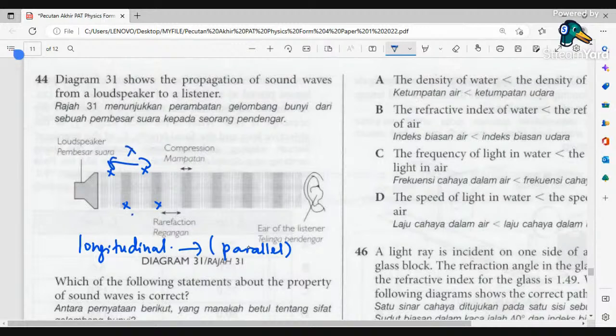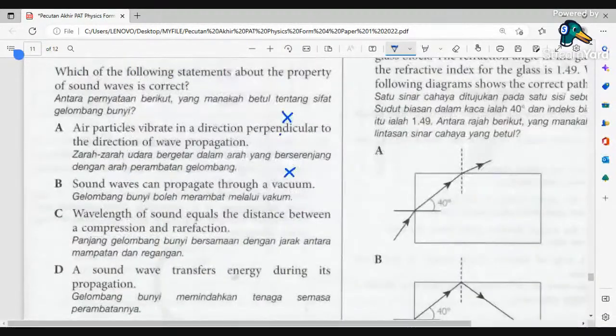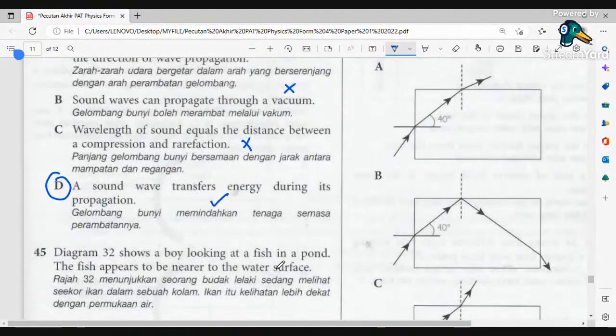Ini wavelength. Not between rarefaction and compression. Itu tak sampai lambda. Okay, salah. Sound wave transfers energy, of course. Transfer sound energy. Okay, wave is energy carrier, so transfer energy from one point to another.